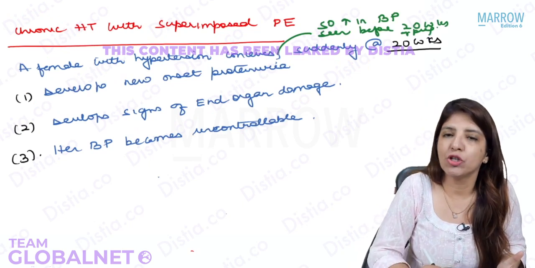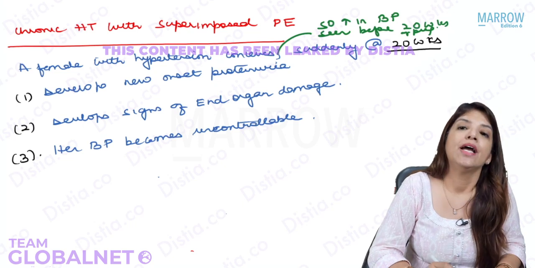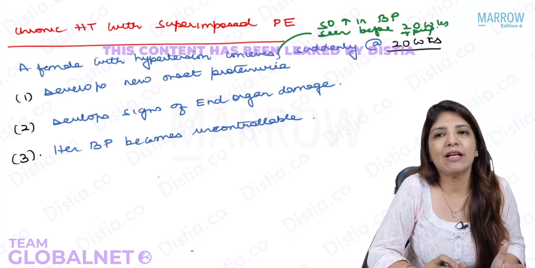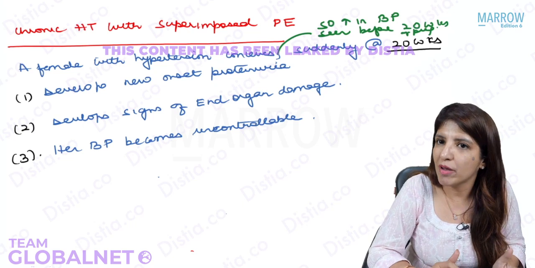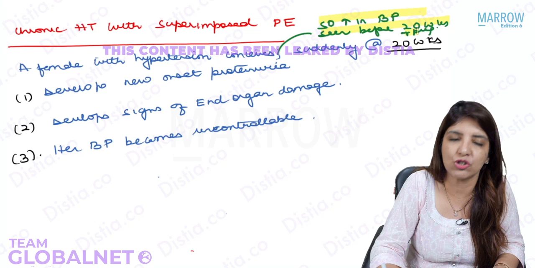Coming to the last terminology which you should know, that is chronic hypertension with superimposed preeclampsia. Now, chronic hypertension definitely means that it is a hypertensive female who has conceived, and that means the increase in BP would be seen before 20 weeks of pregnancy.